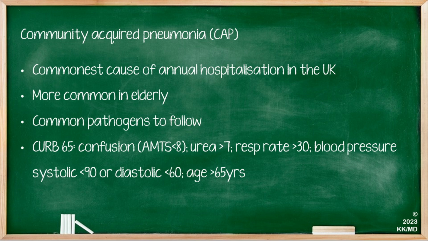Urea more than 7, respiratory rate more than 30, blood pressure, a systolic of less than 90 or a diastolic less than 60, and an age of greater than 65. So you can have a total of 5 as a maximum to 0, and the higher your number, the more likely it is that you will require hospitalization and the higher the rate of mortality.